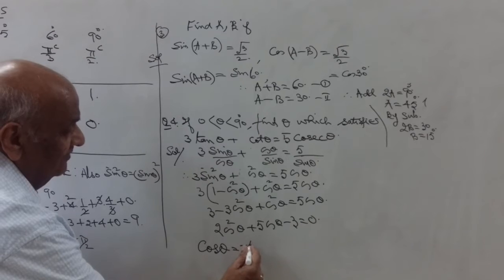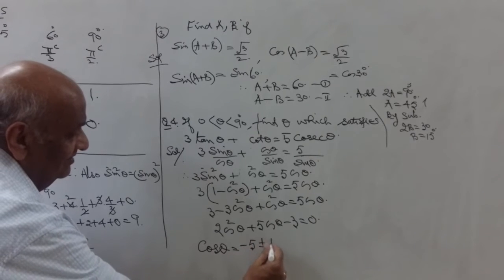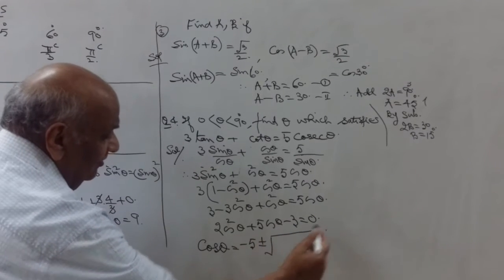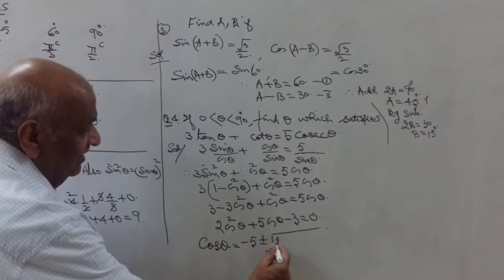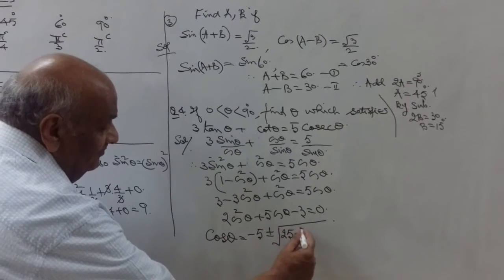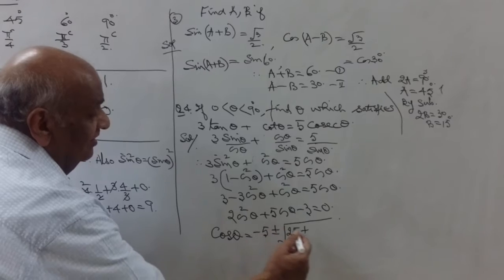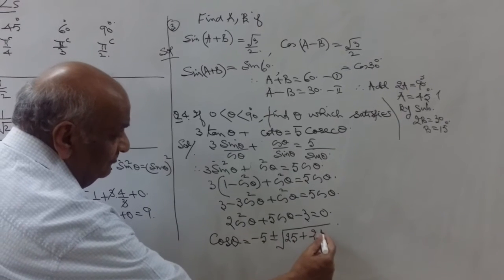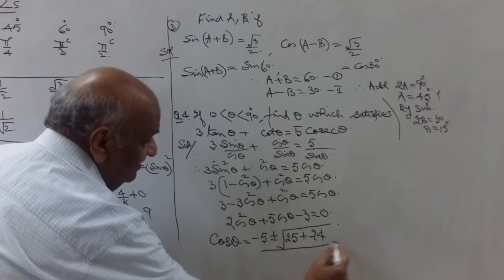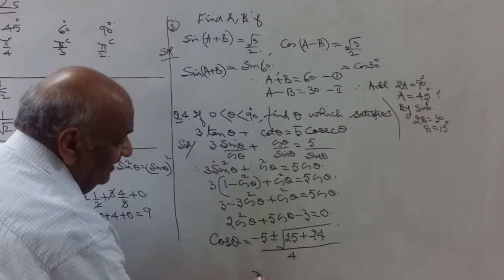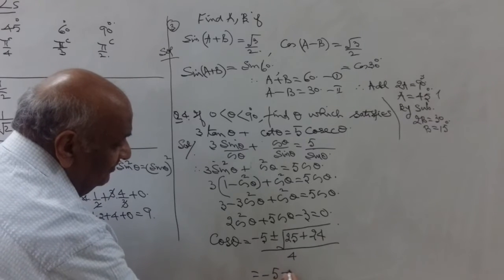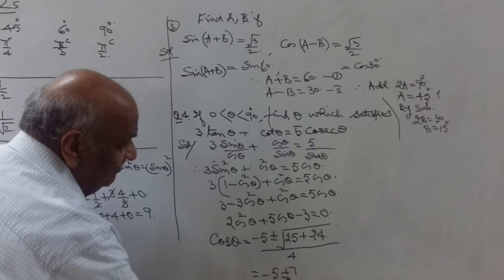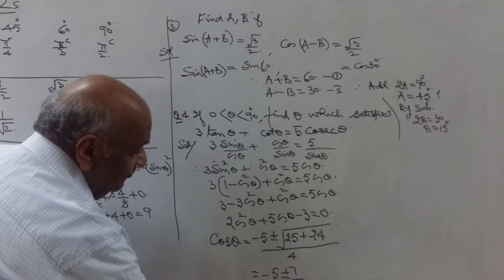Cos theta is minus 5 plus minus under root of b square minus 4ac, that is 25 plus 24, upon 4. That is minus 5 plus minus 7 upon 4.